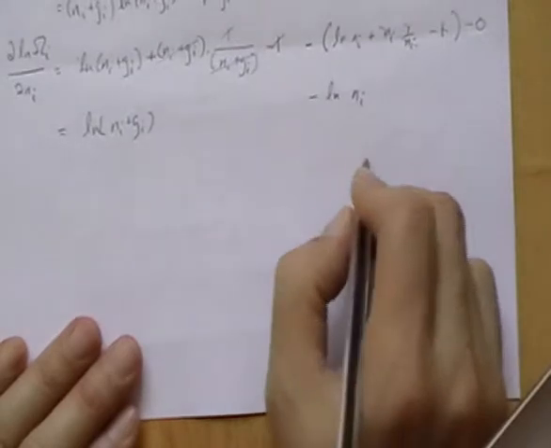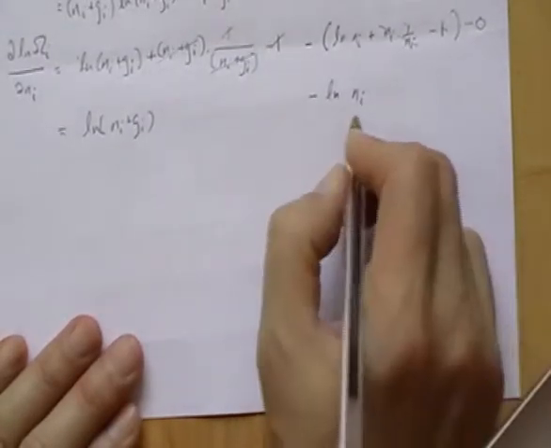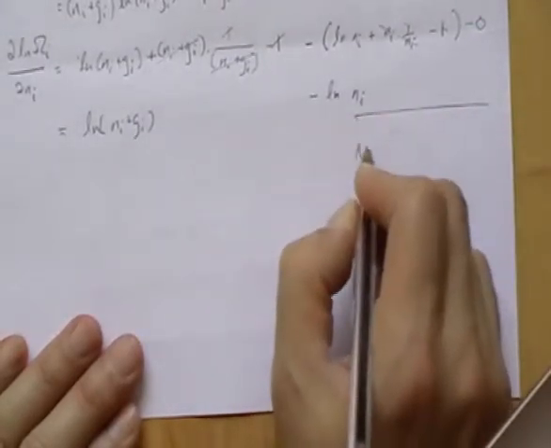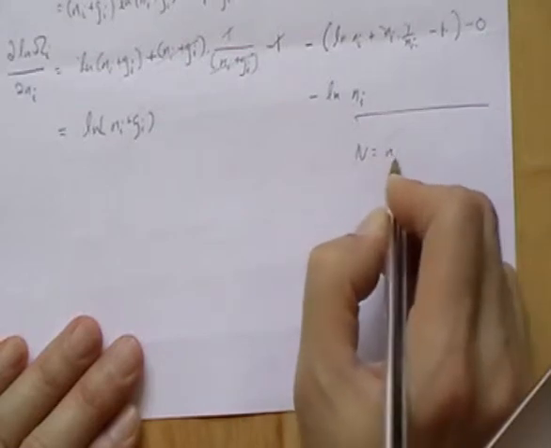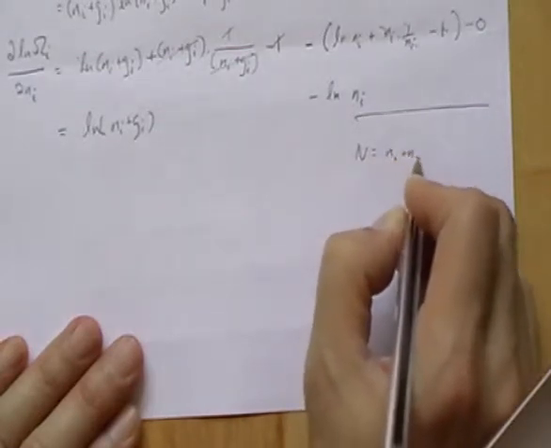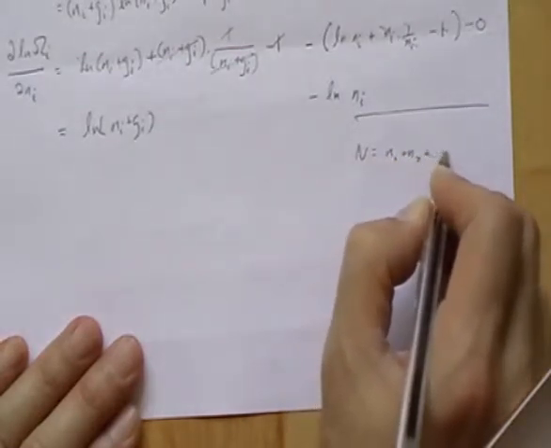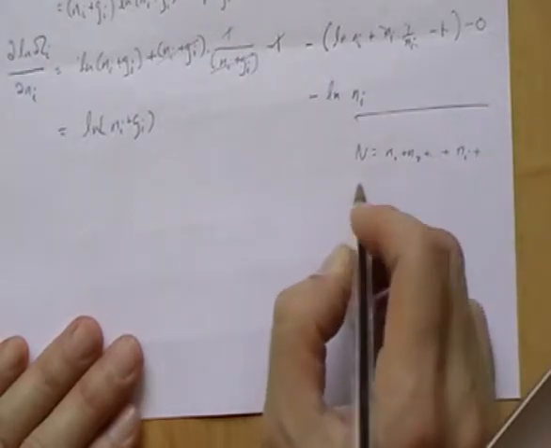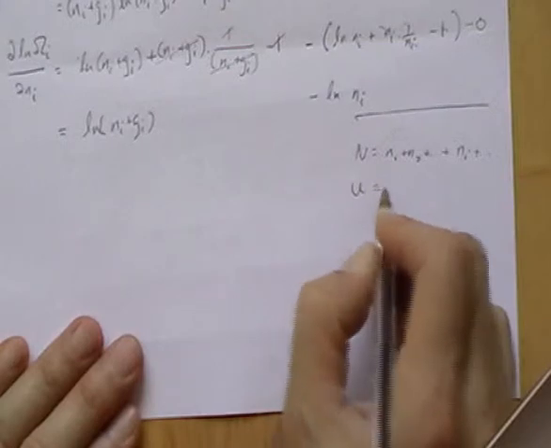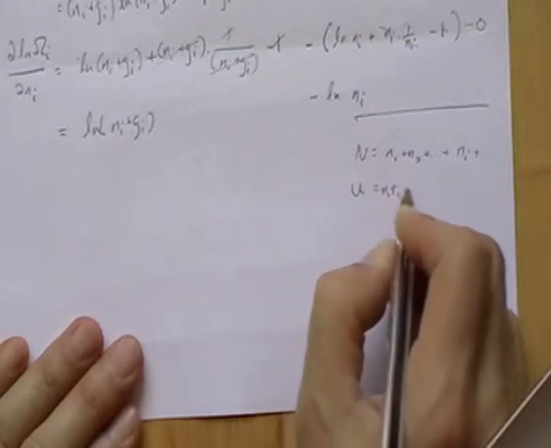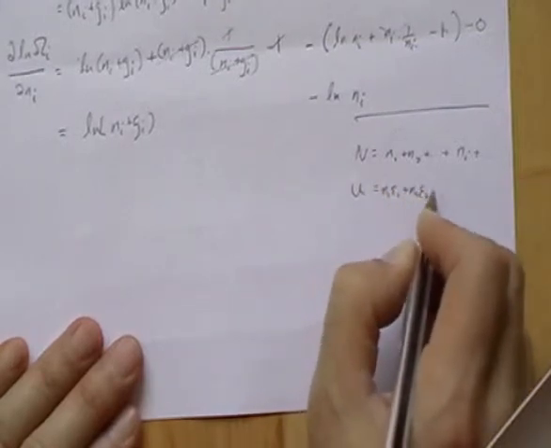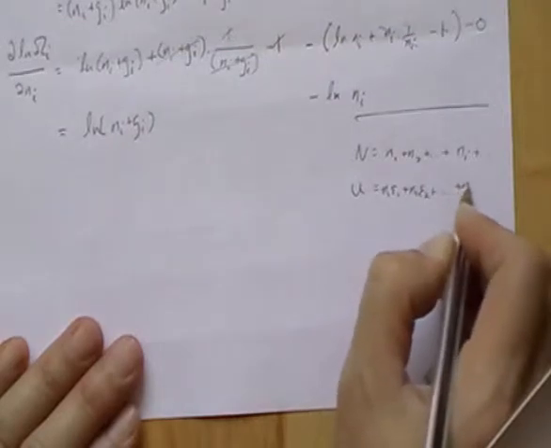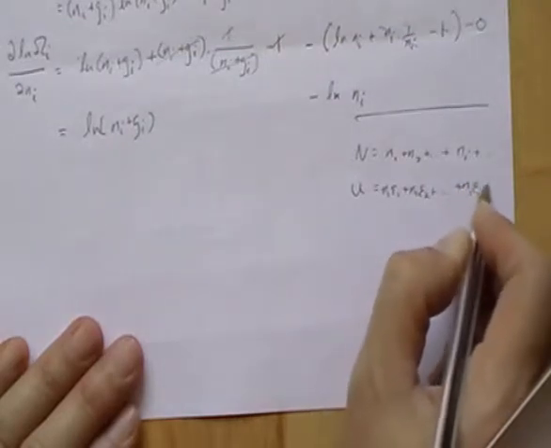Now n, if you recall, is n1 plus n2 and so on. Now u is n1 e1 plus n2 e2 and so on.